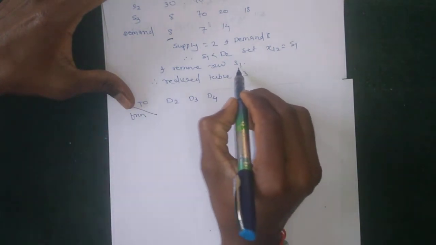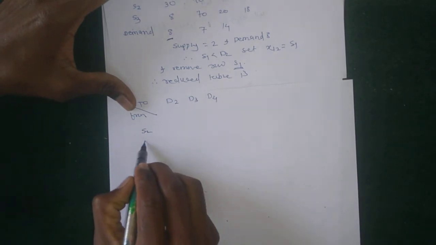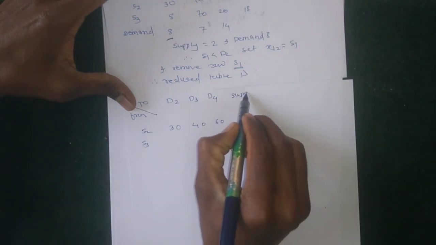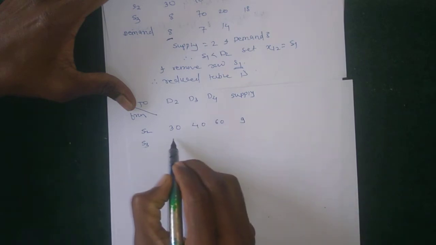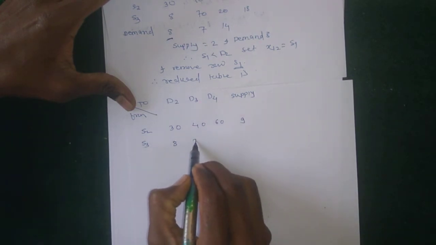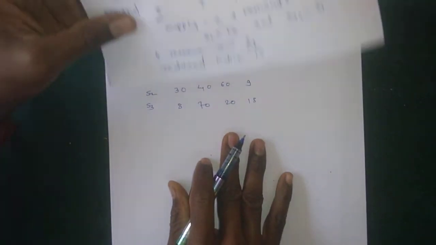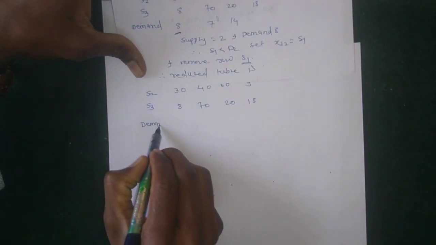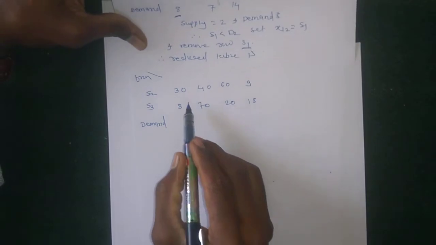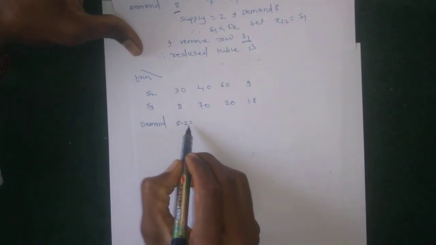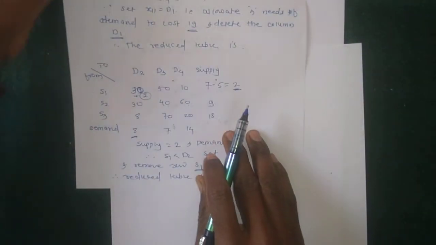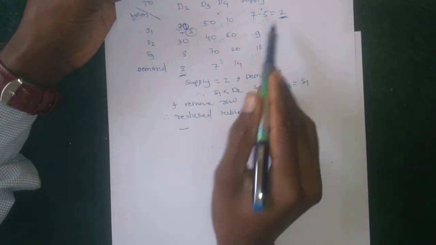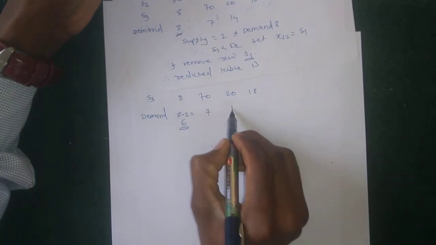Removing row S1, only S2 and S3 remain, with costs 30, 40, 60 and supply 9, and for S3 the costs are 8, 70, 20 and supply 18. Lastly the demand: for column D2 the remaining demand is 8 minus 2, which equals 6, then 7 and 14 as they are.